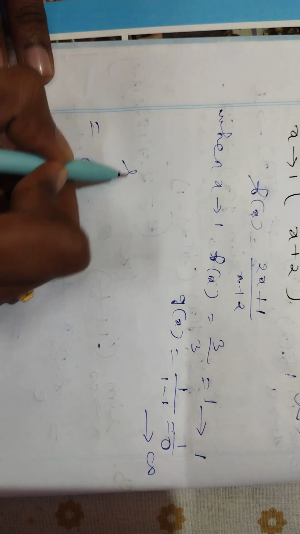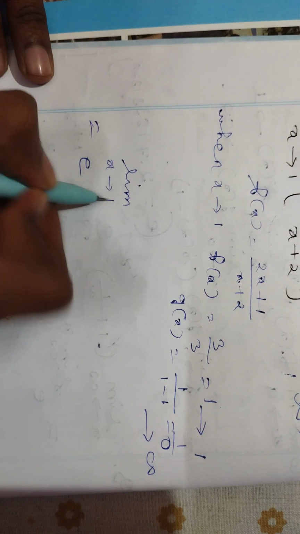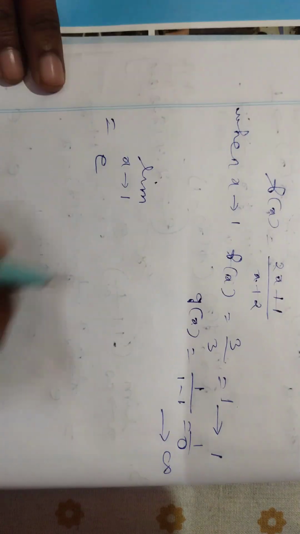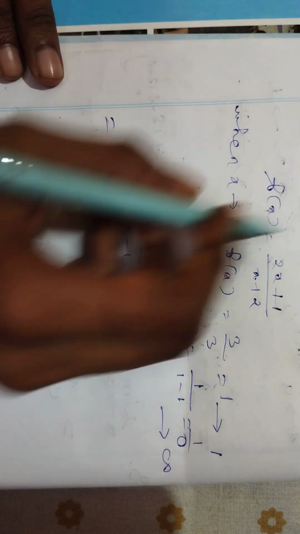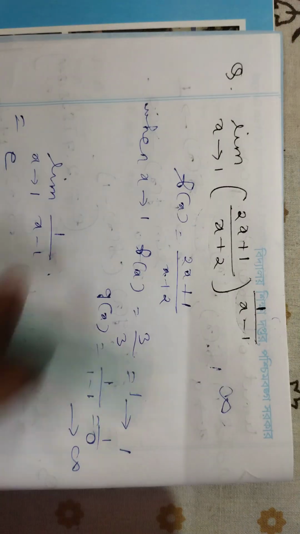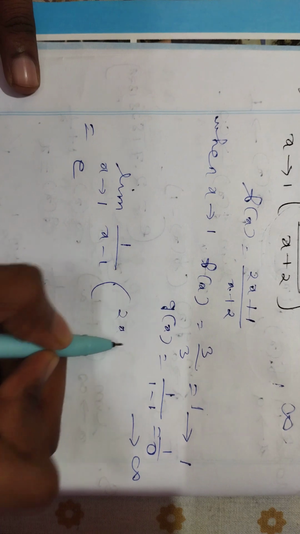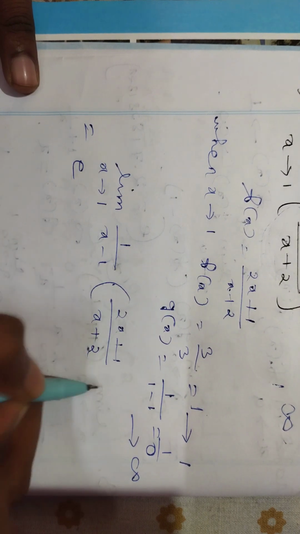So e raised to power limit x tending to 1, this function g of x will come in front, 1 by (x minus 1), and we will deduce 1 from this base function: (2x plus 1) by (x plus 2) minus 1.